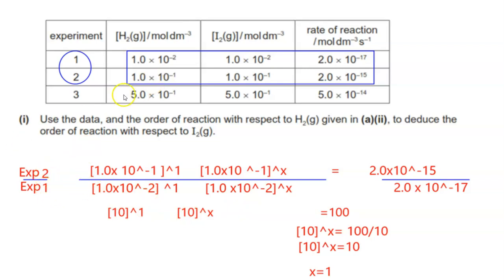So the concentration of experiment 2 for hydrogen is taken here, and for iodine is taken here, and their respective rate is written against them, and we solve it. We get here 100 and we get 10 raised to the power 1. So we solve it and we get the order of iodine as first order.